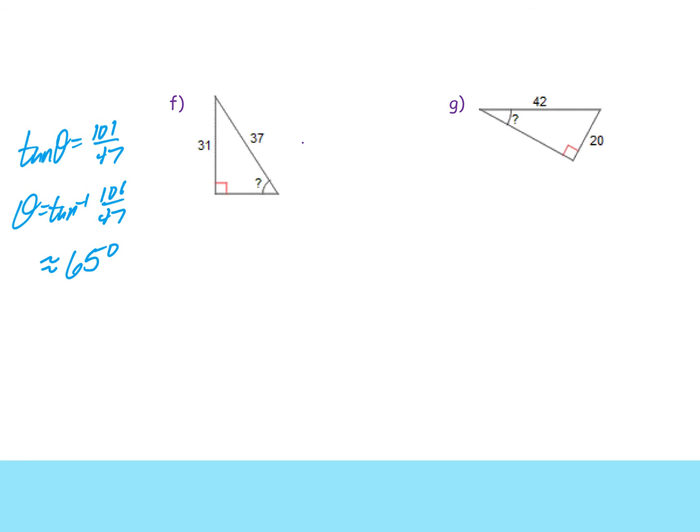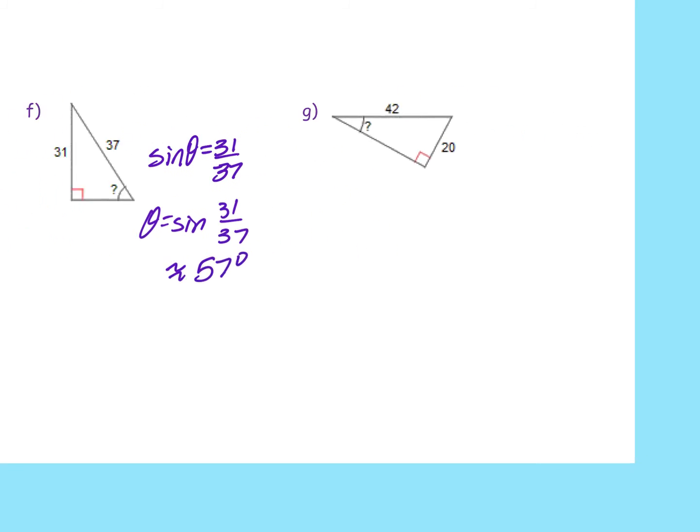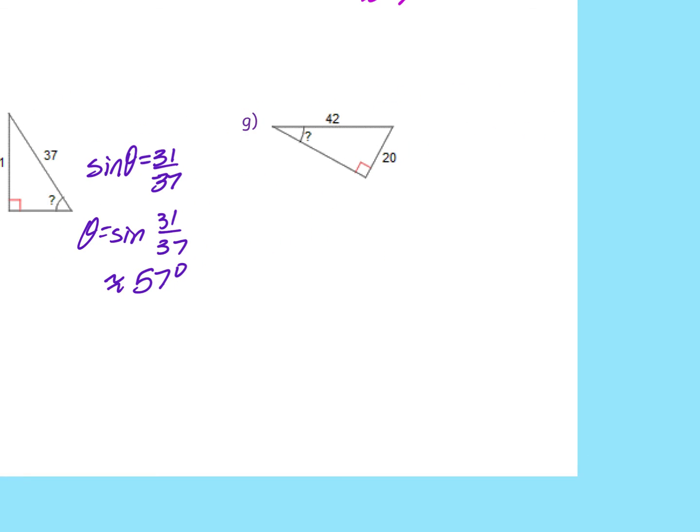F is going to be sine of theta, which is going to be 31 divided by 37. So theta is going to be sine inverse of 31 divided by 37, which is approximately 57 degrees. And then G, sine of theta is going to be 20 over 42. So theta is going to equal sine inverse of 20 divided by 42, which is approximately equal to 28 degrees.